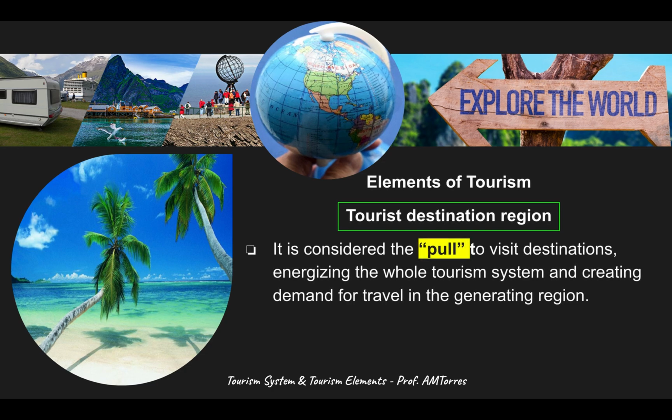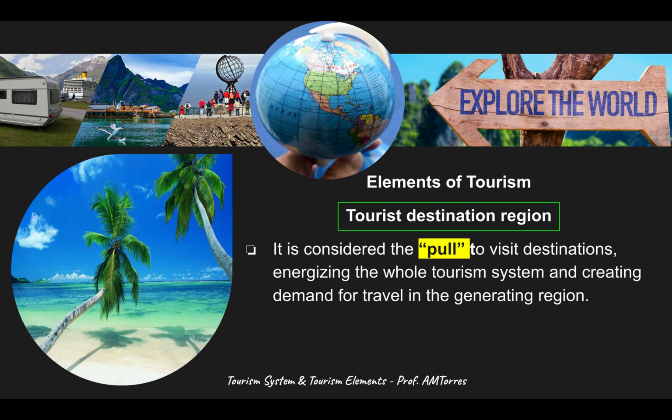Okay? And the destination region, if the generating region is the push, the destination region is the pull. It is considered the pull to visit destinations, energizing the whole tourism system and creating demand for travel in the generating region. Meaning, what attracts you to go to the place?